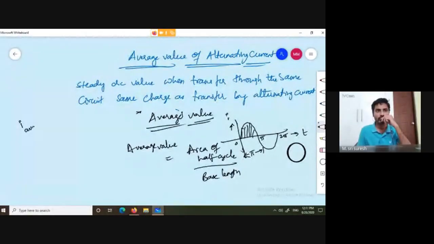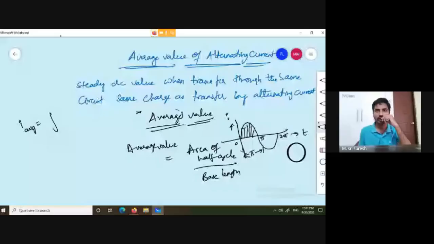So I average is equal to the area, and area can be obtained by integrating. What are the limits? 0 to pi.